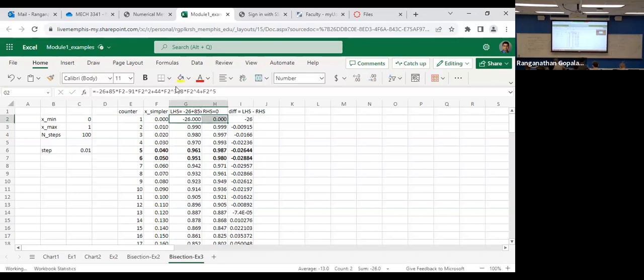Right side is just 0 and I drag this all the way down.